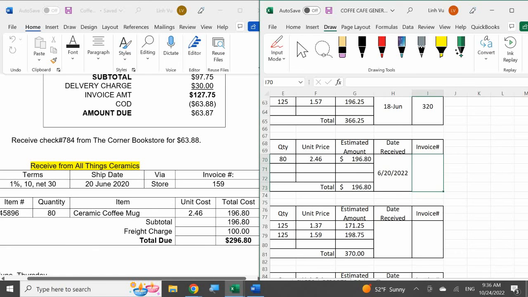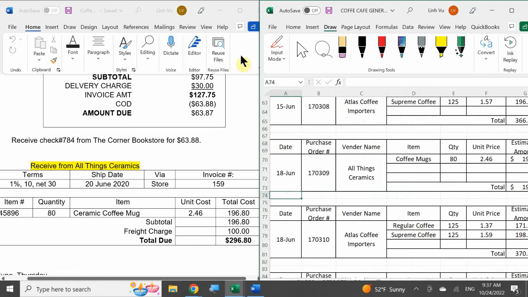And invoice number 159. Okay, good. So then now what?